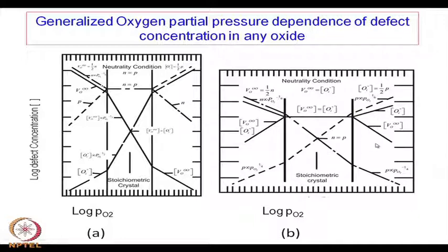Depending on that, an oxide will be predominantly an ionic conductor or predominantly an electronic conductor. This is the importance of this diagram, and on it we have to place the atmospheric condition with respect to that particular oxide. These diagrams have been drawn only for a constant temperature. We are not considering the temperature effect here, only the partial pressure dependence at a particular temperature.